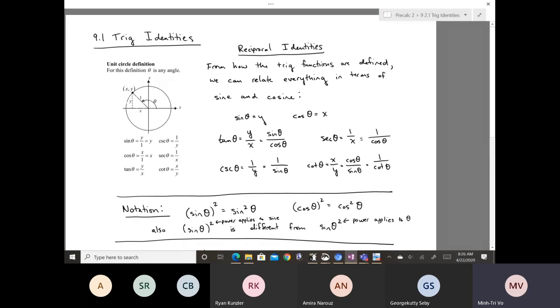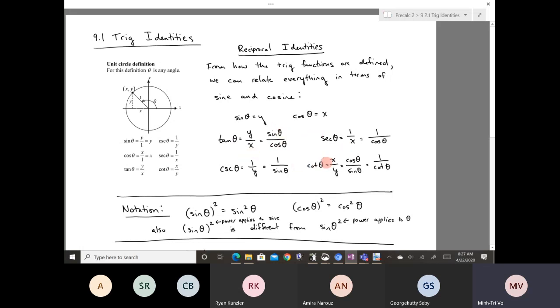So that's where the reciprocal identities come from. Secant is the reciprocal of cosine, cosecant is the reciprocal of sine, and cotangent is the reciprocal of tangent. And additionally, you can see the relationship between sine, cosine, and tangent. The formula for tangent is y over x, but y is just sine, and x is just cosine, right? So that means that tangent has to be sine over cosine. So that's where that formula comes from.